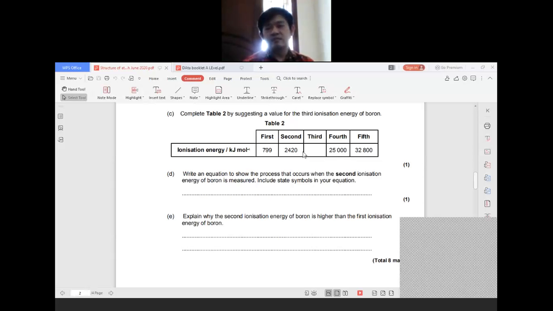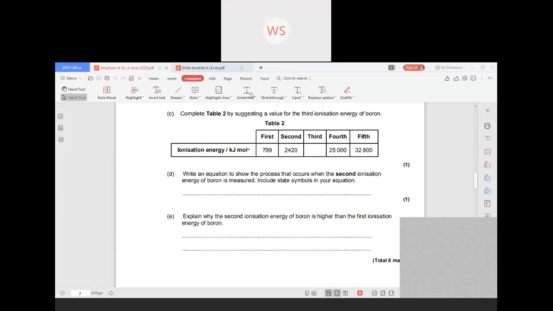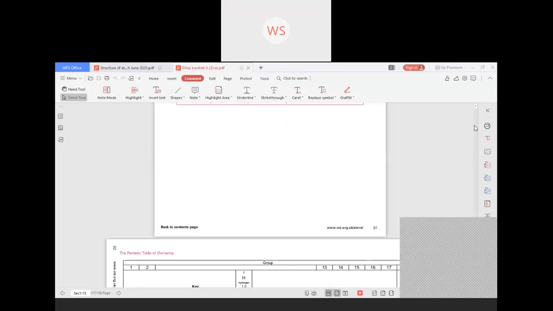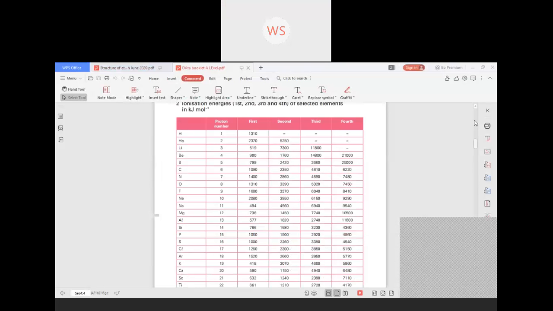The fifth is 32,800. So we need to fill the value for the third. Okay, for the third, we have to refer to the data booklet. Let's see the data booklet here.